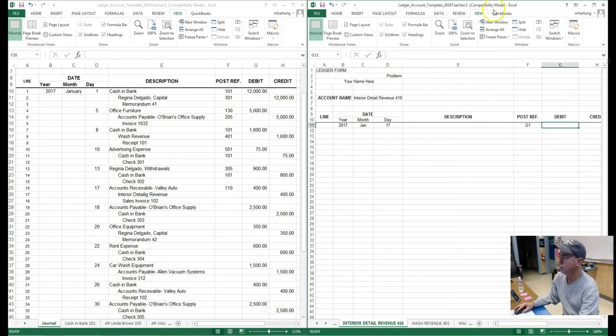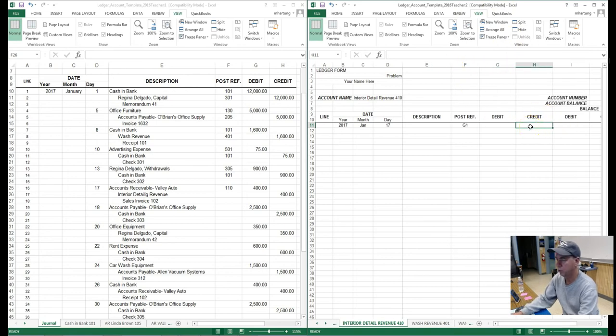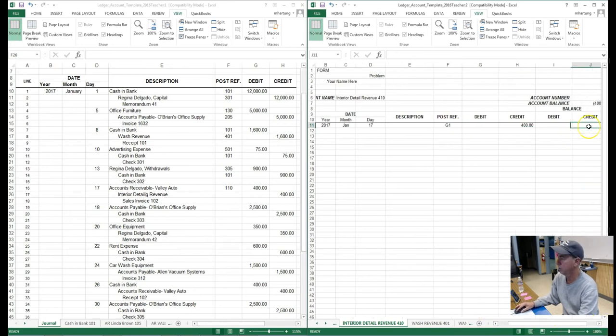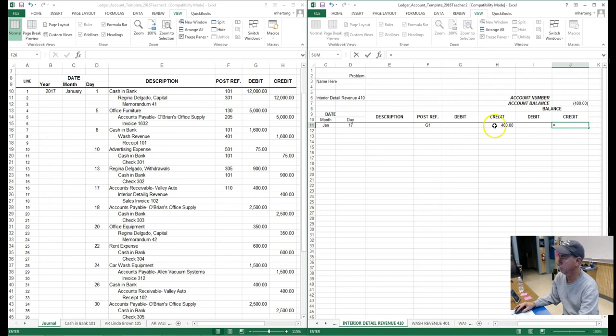G1 and a credit of $400. Update our balance. Account 410, back to the journal, 410.